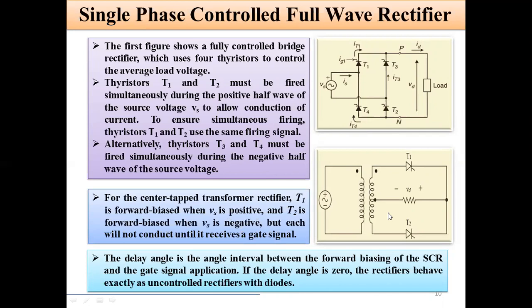Next, what about the delay angle? The delay angle is the angle interval between the forward biasing of the SCR and the gate signal application. If the delay angle, the firing angle, is 0 degrees, the rectifier behaves exactly as an uncontrolled rectifier with diodes.